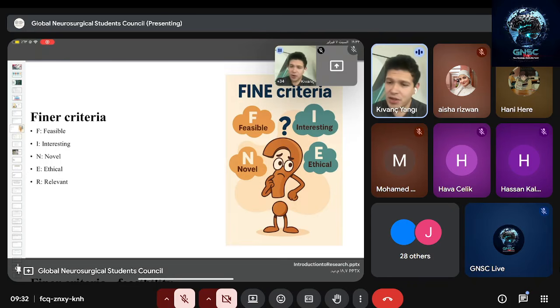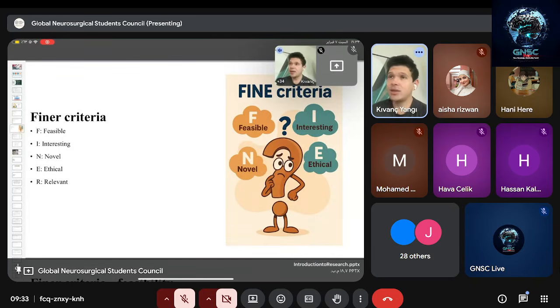Also, your questions should be ethical. For example, you cannot formulate a question about the efficacy of methotrexate in pregnant patients with articular disease, oligoarthropathies, or, let's say, systemic lupus or rheumatoid arthritis.